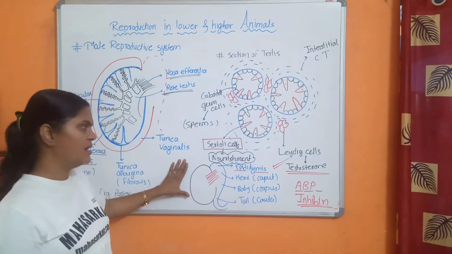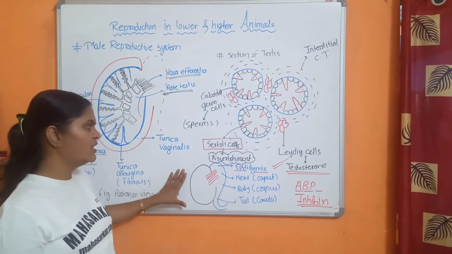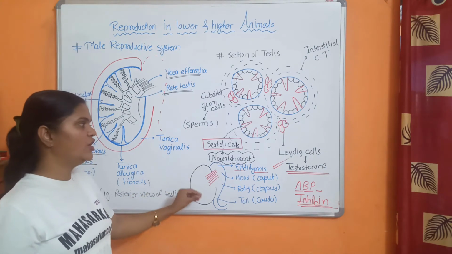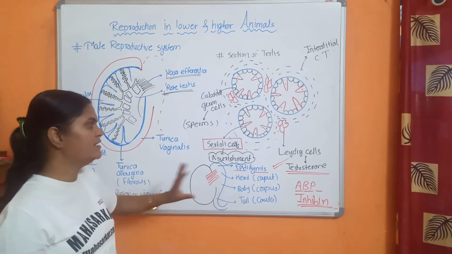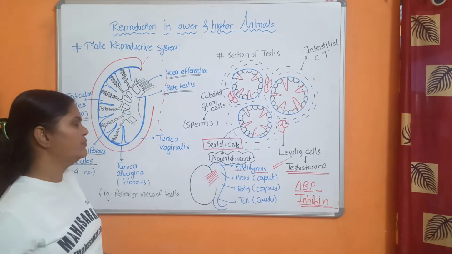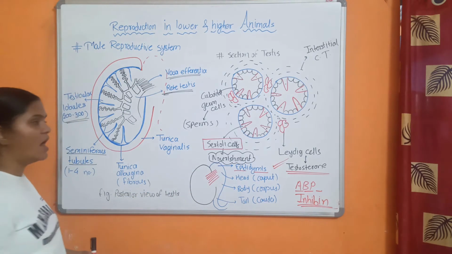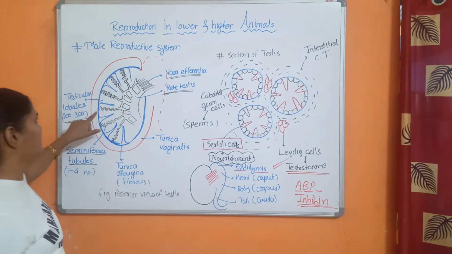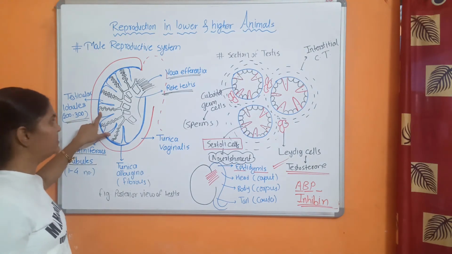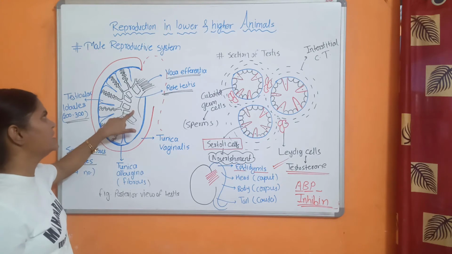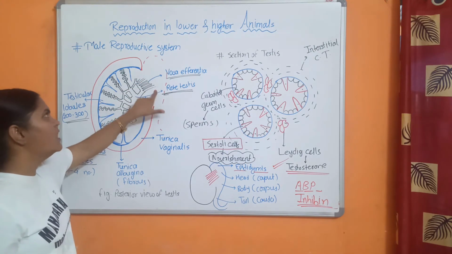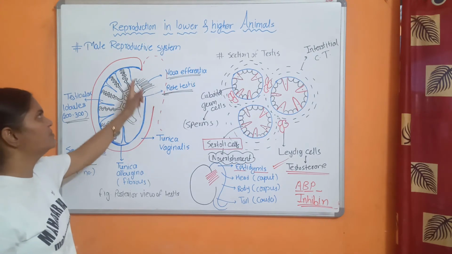It stores sperm cells, and physical maturity of sperms takes place in this place. So this is very important. Sperm cells are transferred from seminiferous tubules, then rete testis, then vasa efferentia, and from vasa efferentia sperms are transferred to the epididymis.